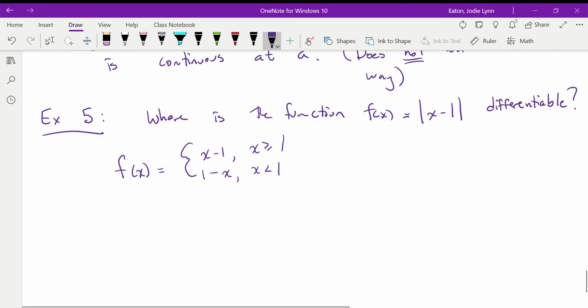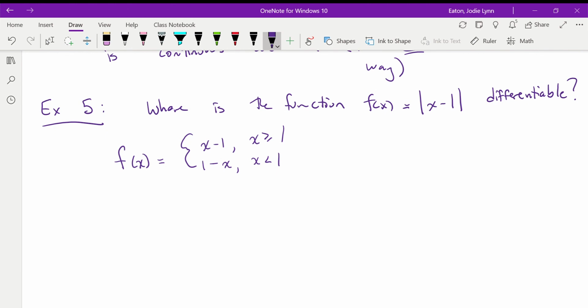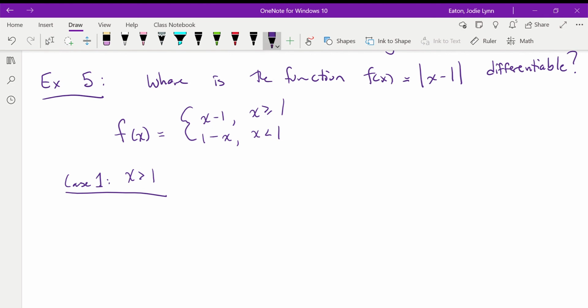Okay, so let's look at our two cases. Case 1, when x is greater than 1, f prime of x is equal to the derivative, the slope, of x minus 1 with respect to x. Well, it is a line, it has a slope of 1. That is our derivative.